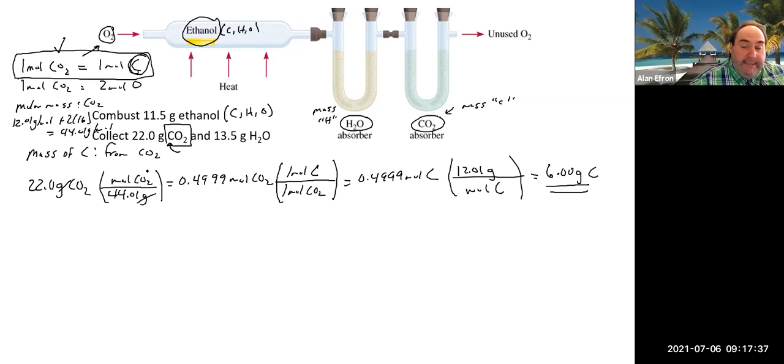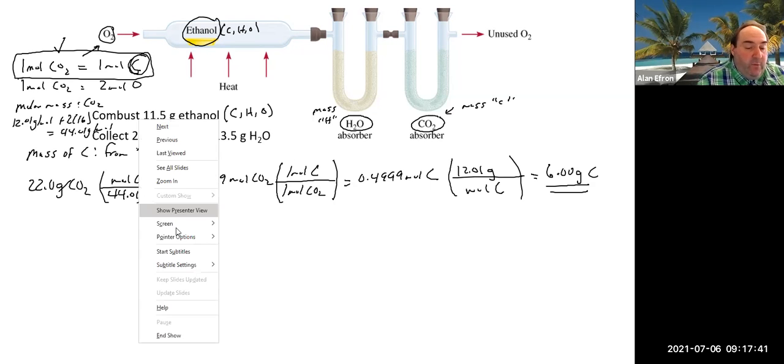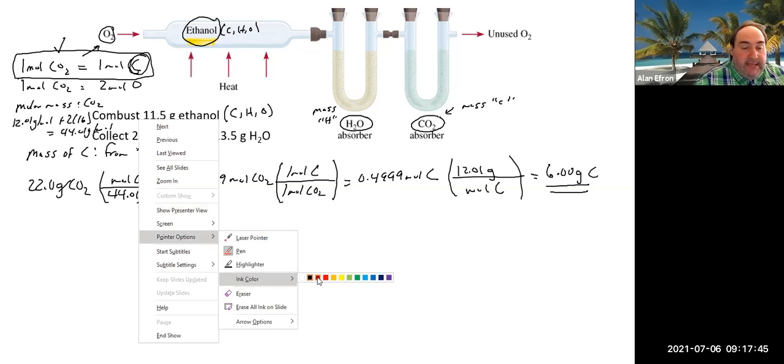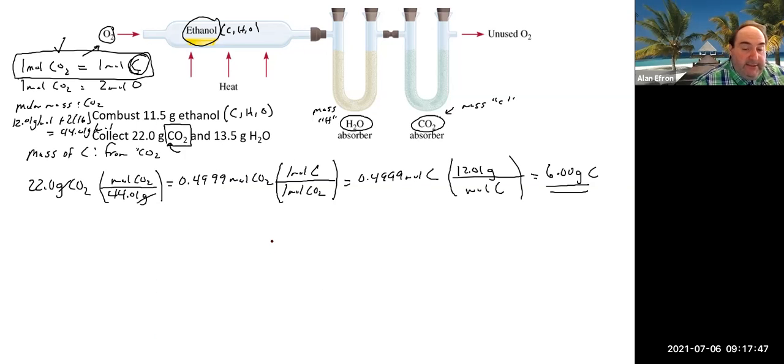We're going to basically do the exact same calculation for the water, but remember that the water now will tell us how much hydrogen there is. So from the water, we can figure out how much hydrogen. Again, using the formula here, we see that for every 1 mole of water, we actually get 2 moles of just the hydrogen.